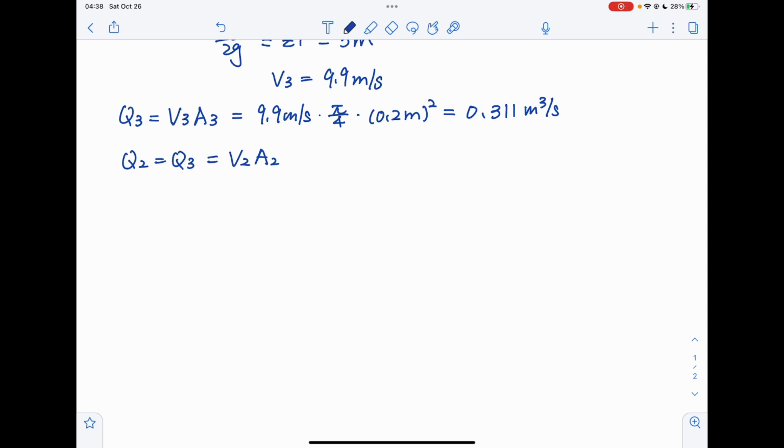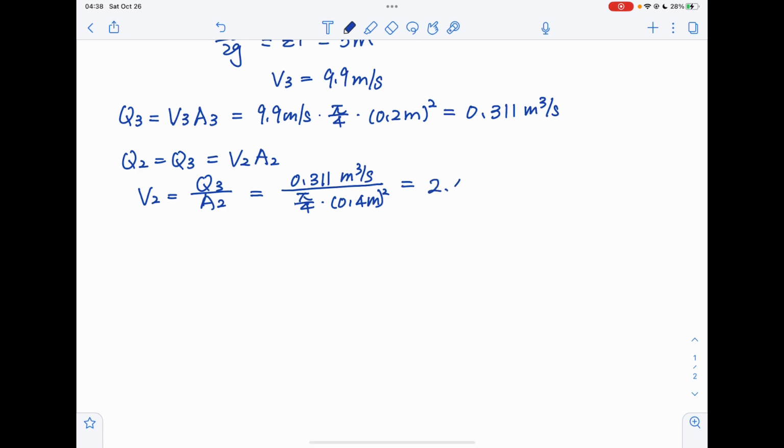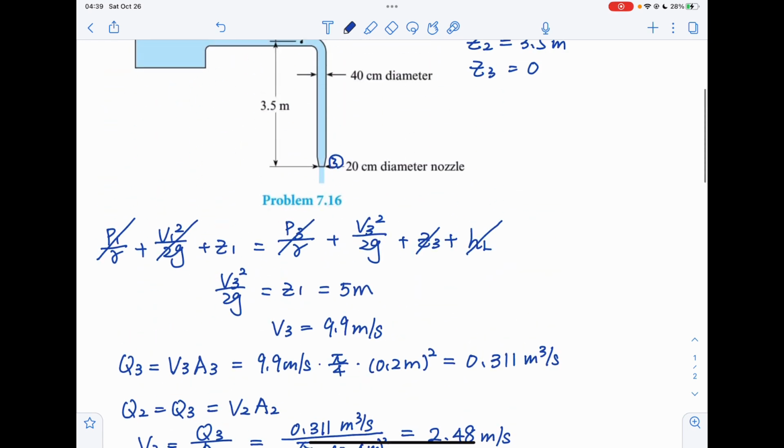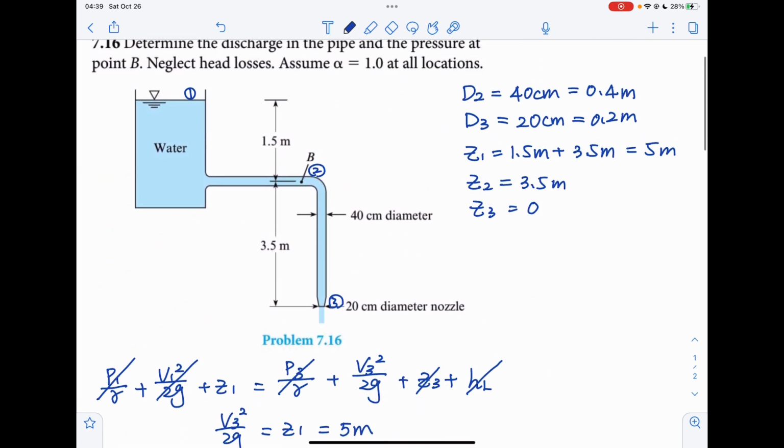So V2 equals Q3 over A2, which is 0.311 cubic meters per second over pi over 4 times 0.4 meters to the power of 2, and this gives us a velocity equal to 2.48 meters per second.